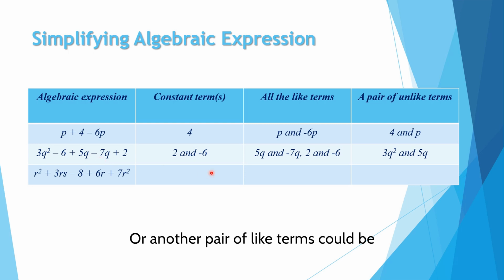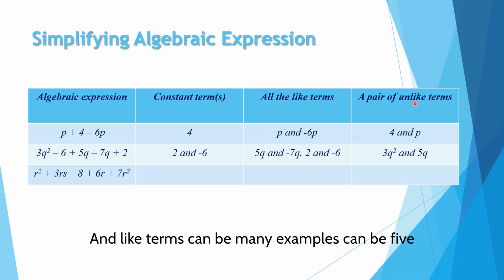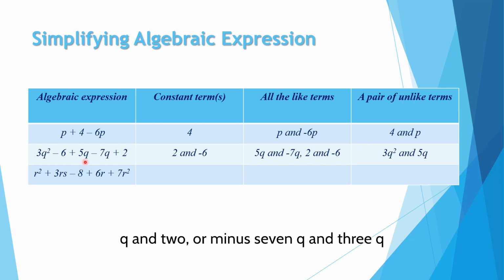Or another pair of like terms could be -6 and 2, because both of them have no variable attached to it. And unlike terms can be many examples. Can be 5q and 2, or -7q and 3q squared, or 5q and 3q squared. They have the same letter and different indexes, so they are unlike terms.